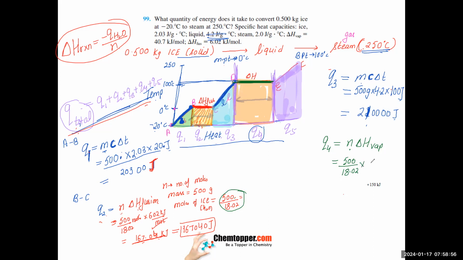Delta H vaporization. See, what is it given in the question? It's given in the question. Anyone? Give me the value of delta H of vaporization. Yes, 40.7 kilojoules per mole. But this is also mole. Mole and mole cancel. That's why this equation is valid. So how much are you getting?